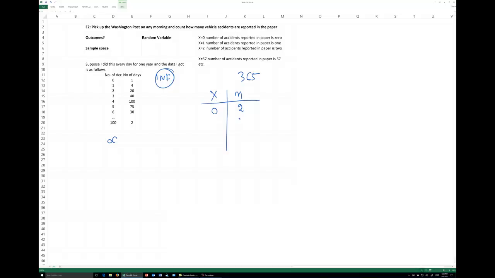Okay, and on 15 out of those 365 days, the newspaper reported that there was one accident. And on, let's say, 50 out of those 365 days, the newspaper reported that there were two accidents, and so forth. And we go up to 5, let's say, and on 75 of those days, the newspaper reported that there were 5 accidents, and so forth. And I suspect, as a practical matter, if you go beyond 15, it probably would say 0 beyond that.